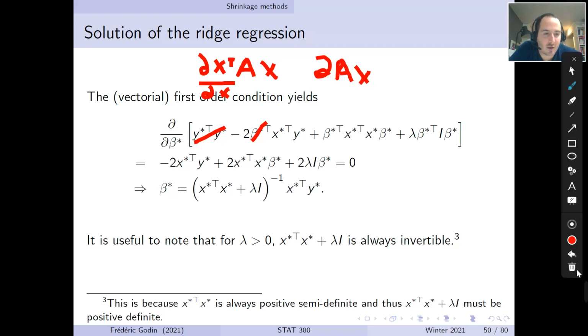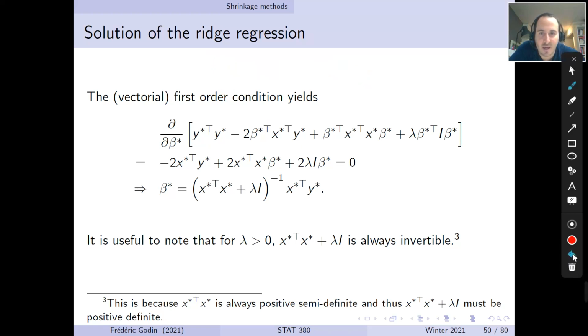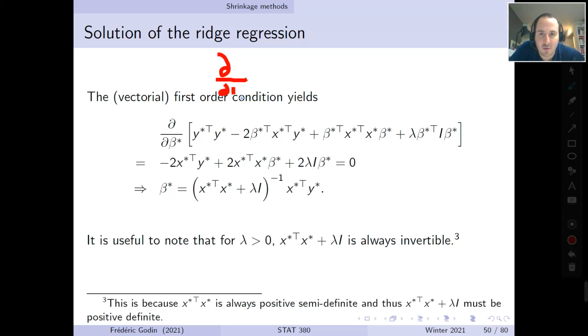Maybe I shouldn't use x because we already use x below. I'll use u instead. So the derivative with respect to u, where u is a vector and A is a matrix: if A is symmetrical, then the answer is twice A u.